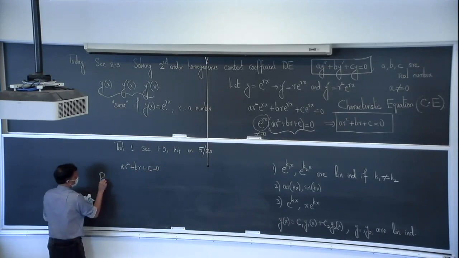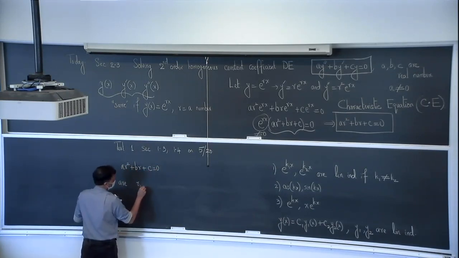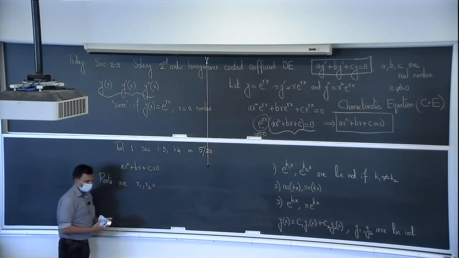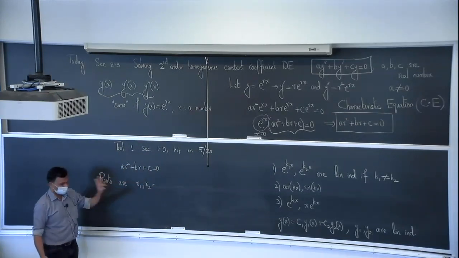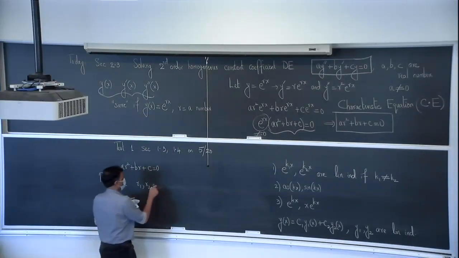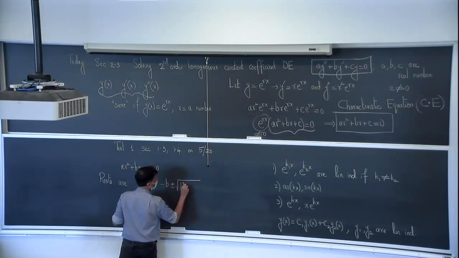The roots are, I hope all of you know, that there are two roots for any quadratic equation. Doesn't matter what a, b, c are, there are always two roots. And that's going to be negative b plus or minus the square root of b square minus 4ac, over 2a.